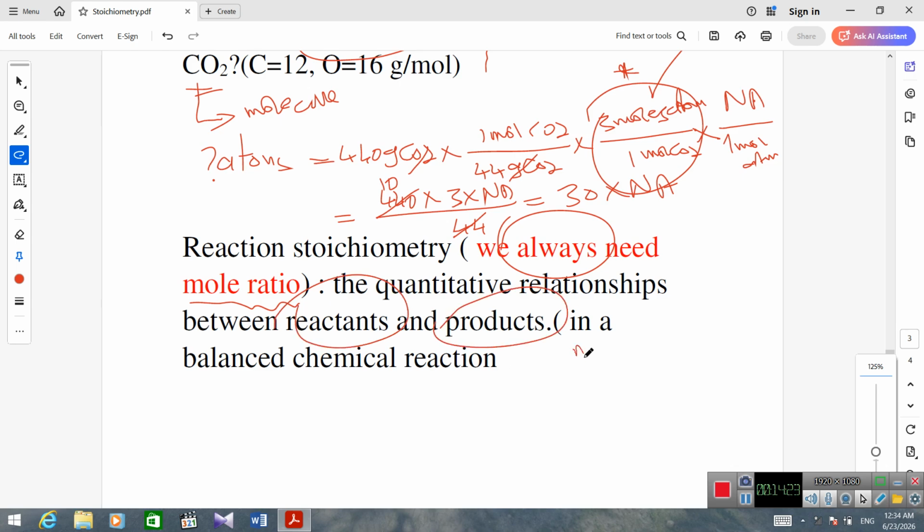For example, n moles of A produce m moles of B. The quantitative relationship between A and B is the question in reaction stoichiometry, but the most important thing is that our chemical equations or chemical reactions must be balanced.